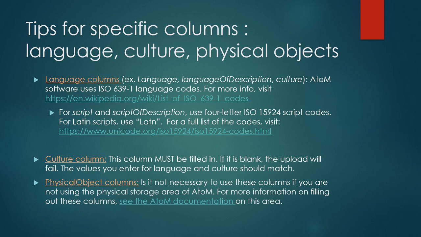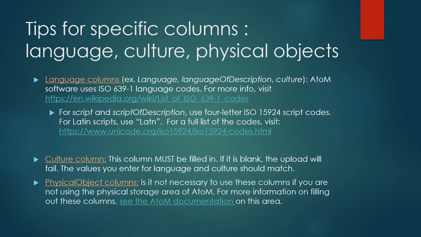So here are some other tips for specific columns. Language, in this particular one, we're talking about language, culture, and physical objects. So the language columns are using language codes and script codes. Here on the screen, you have access to the links to find your language codes that are used in language of description and culture.